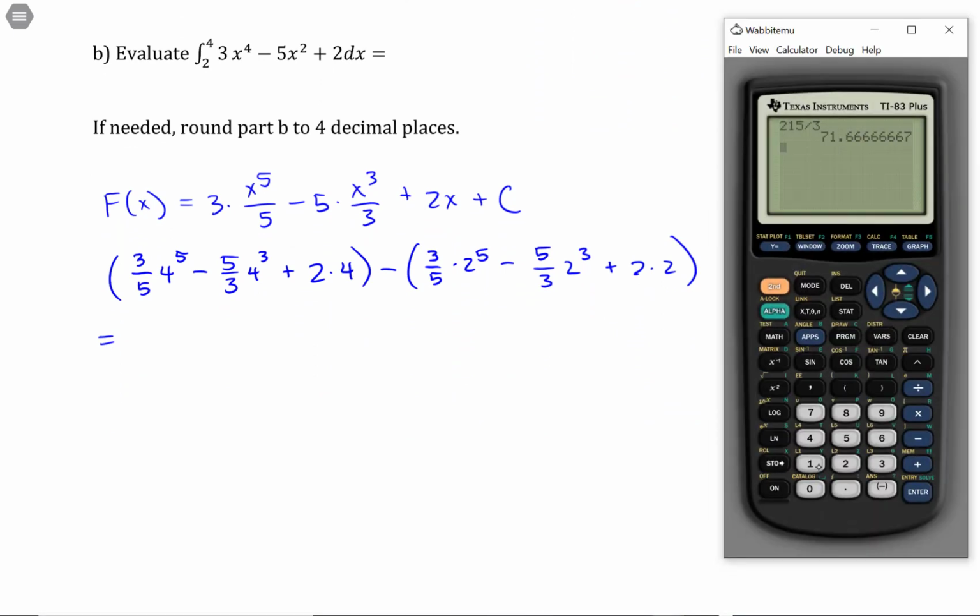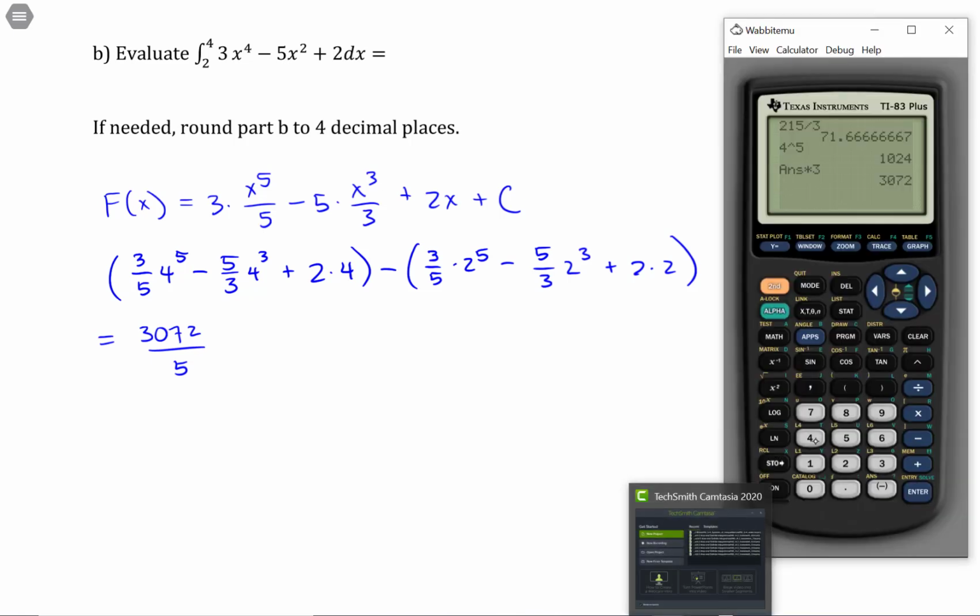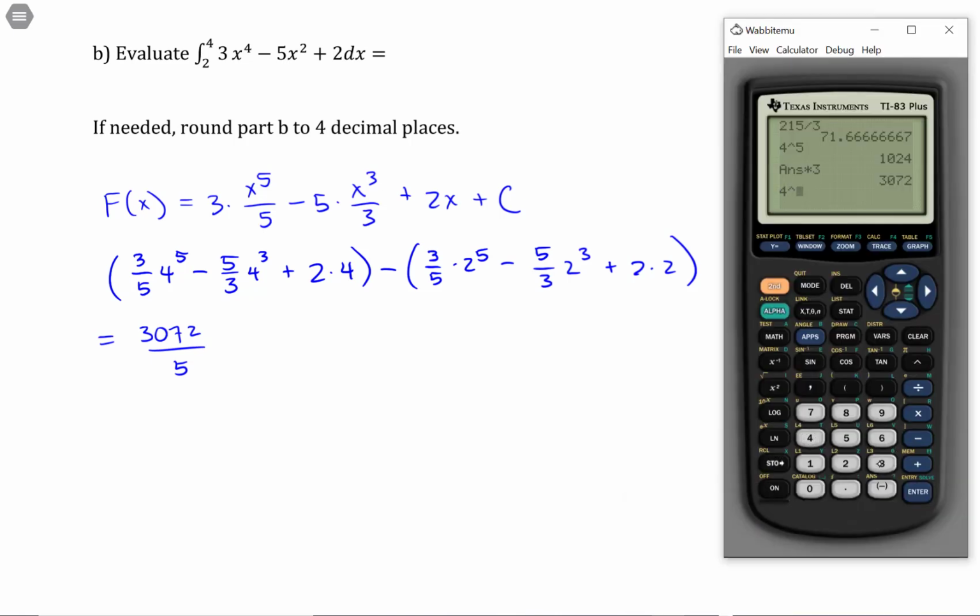4 to the fifth power, let's see what that is. That's 1024. Multiply that by 3, so 3072 over 5. This next fraction would be 4 to the third times 5, which is 320, and that's going to be over 3.